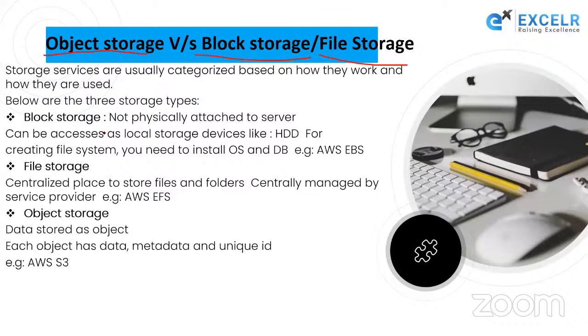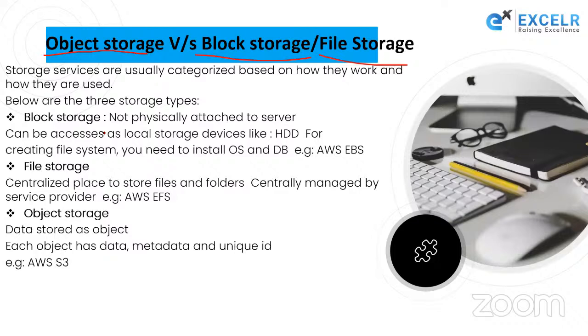Then we have object storage. Object storage is stored as an object or a flat file which does not have an index. If I want to access a particular file, I don't have an address for that file. I just use the unique ID of that object.